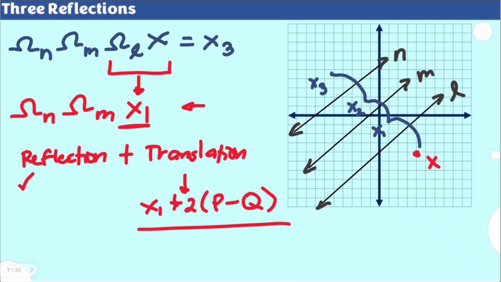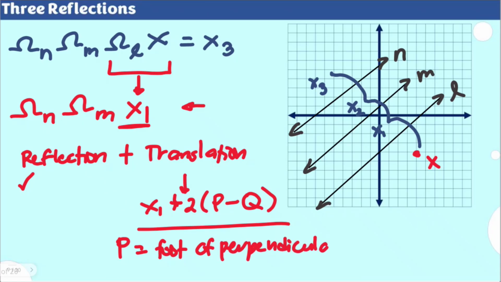Now it's no longer X because we'll be using its first reflection as a point of origin as we take its translation. In short, we're going to translate the first reflection, where P is again the foot of perpendicular, this time on the second line, because we'll be starting with this here to translate that reaching X sub 3.